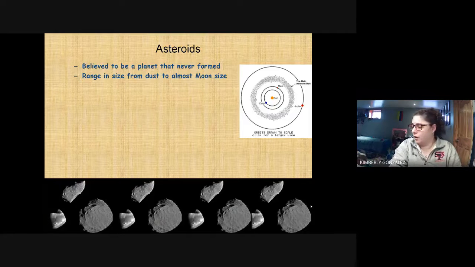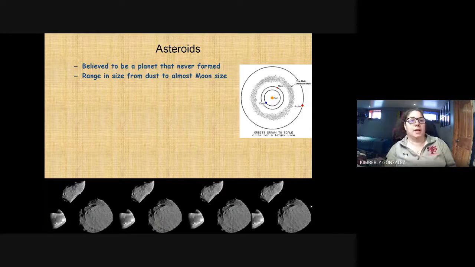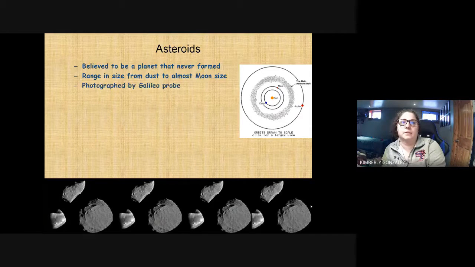Asteroids themselves are going to range in size from a tiny little piece of dust to almost the size of our moon. So they could be very tiny or they could be very large. If we have a moon-sized asteroid, hopefully it stays away from us and will not come in contact with us. And you're going to find out why, what happens.